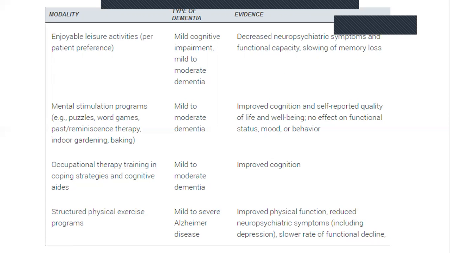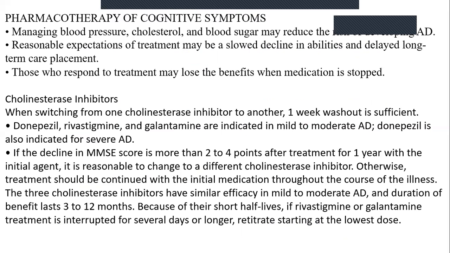So again, if you're giving continuous counselings and all, and structured physical exercise programs, so all this will help in preventing the progress of the disease, and also to make them remember things properly. So these were the different modalities which come under non-pharmacological treatment.